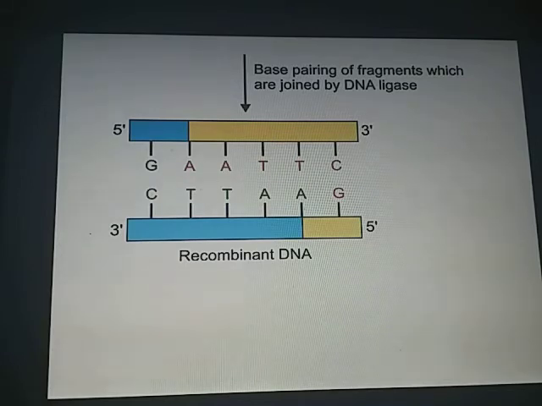Once these sticky ends of the human DNA and the vector DNA are ligated with the help of the enzyme DNA ligase, then the recombinant DNA is formed, which is ready to get amplified or cloned.